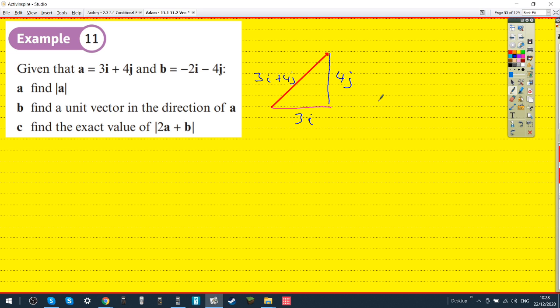So A squared plus B squared equals C squared. 16 plus 9 equals C squared, 25. And then the square root of 25 is 5. So the answer is 5. The magnitude of A is 5, and that's that one. Let's try question C.